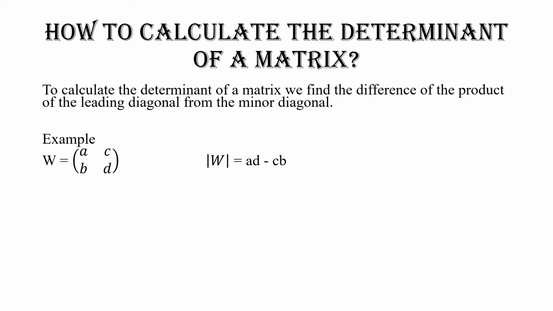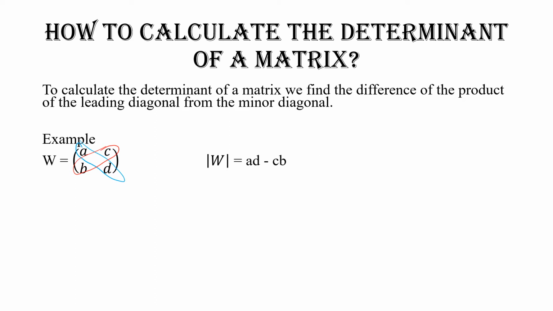Good. So again, back to what we said on our notes. To calculate the determinant of a matrix, we find the difference of the product of the leading diagonal from the minor diagonal. As we did on Friday, the leading diagonal, or the major diagonal, is AD here, and the minor diagonal would be CB.